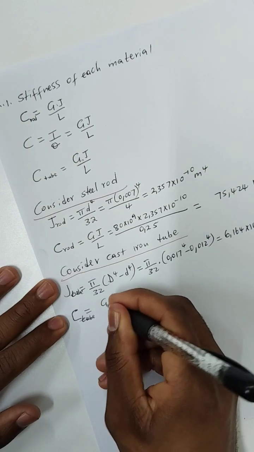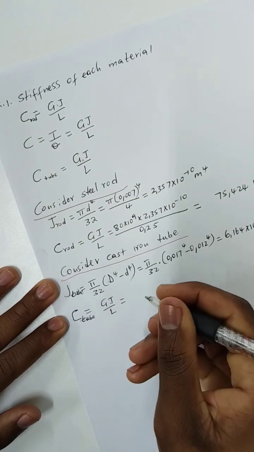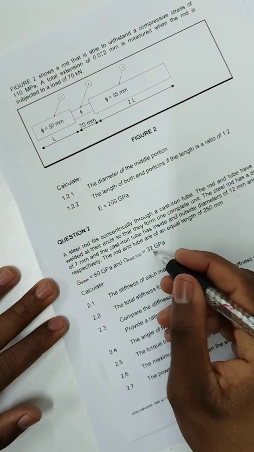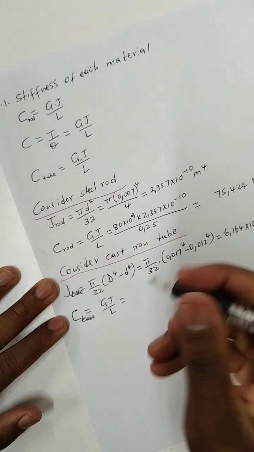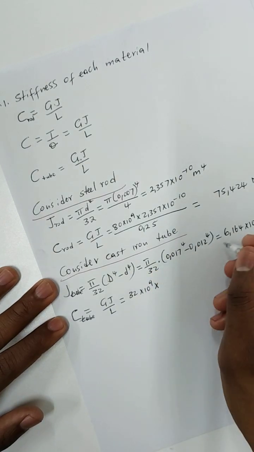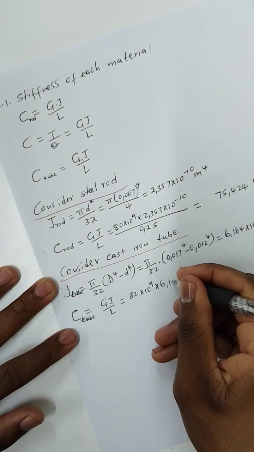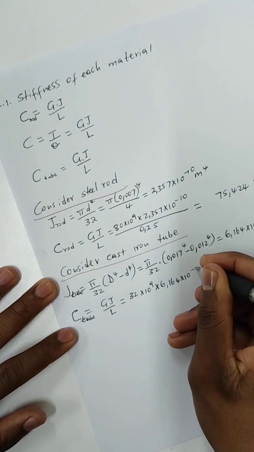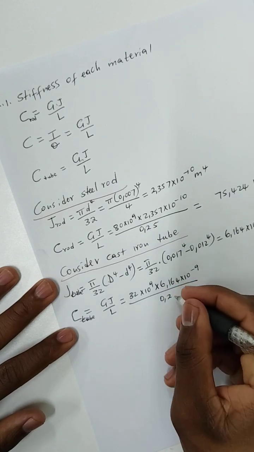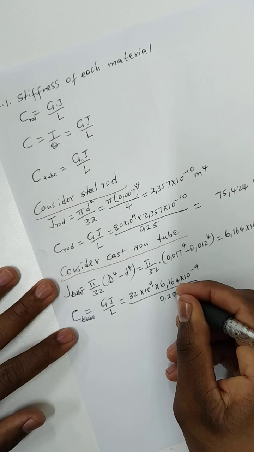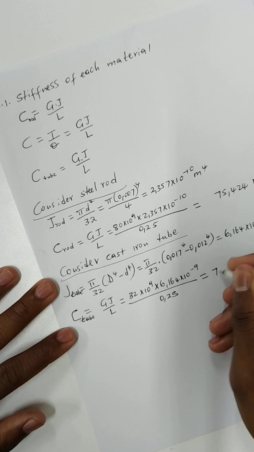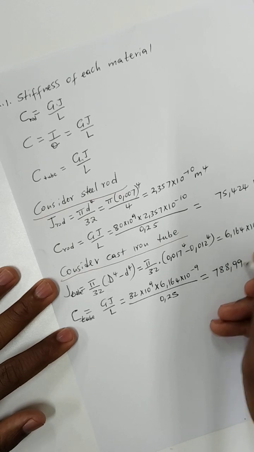It will be JG over L, and for G we're going to use the shear modulus for cast iron, which is 32. 32 times 10 to the power 9 times this, all over L. They've got the same length, the tube and the rod, 250 millimeter. Then you should get 788.992.